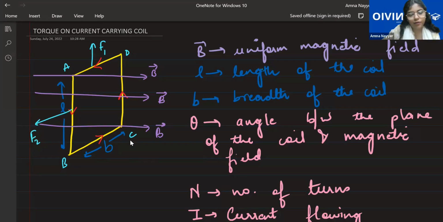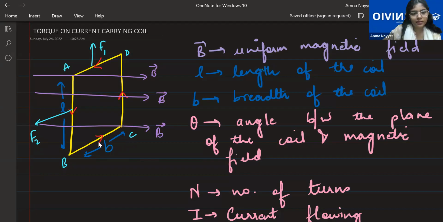F2. Tell me for BC. Current is flowing this way, it's going downward. Look, the current is going like this and the magnetic field is like this. So when we curl our fingers, the thumb is pointing downwards.